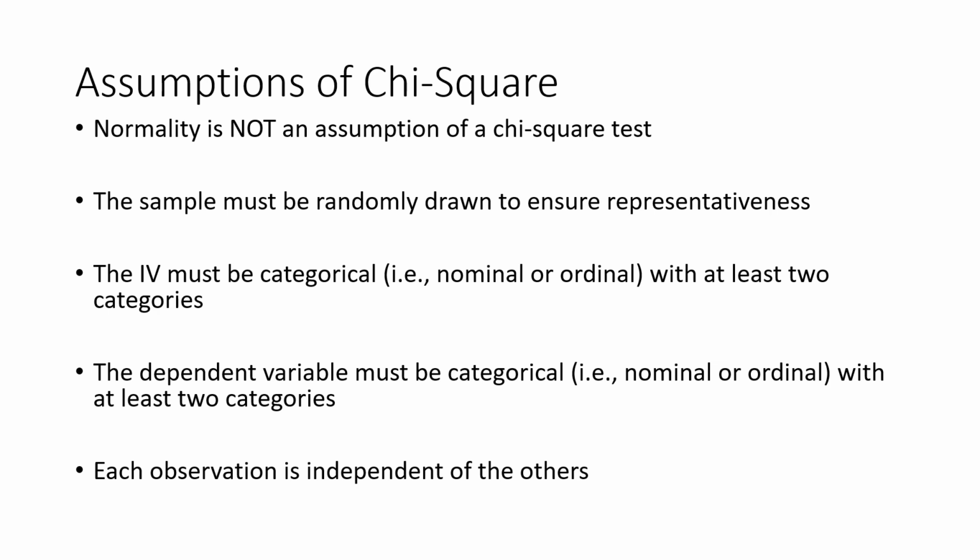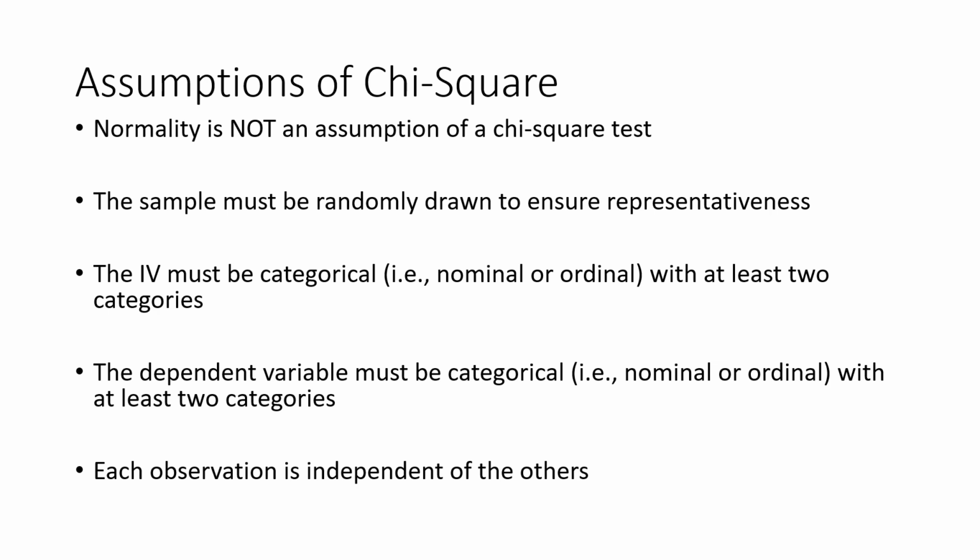Your independent variable in the context of a chi-square test has to be either nominal or ordinal with at least 2 categories, right? So you have to have a minimum of 2 categories. But as I said before, you don't want to have a lot of categories either, because then the interpretation of the chi-square test gets quite difficult to identify patterns in the data.